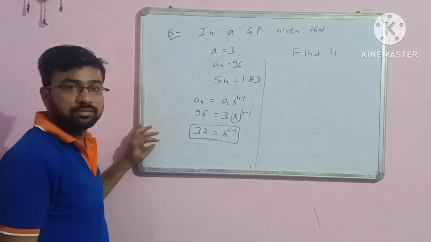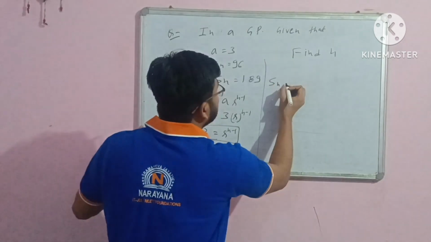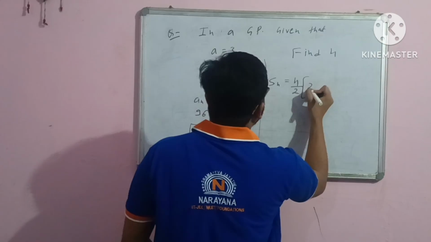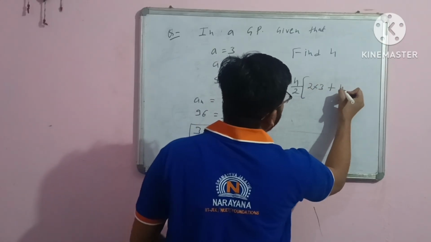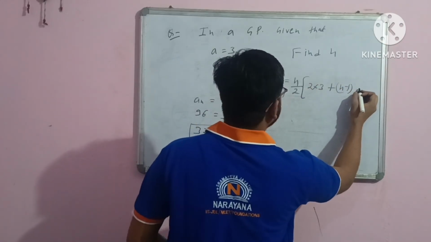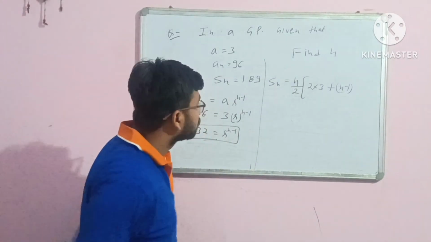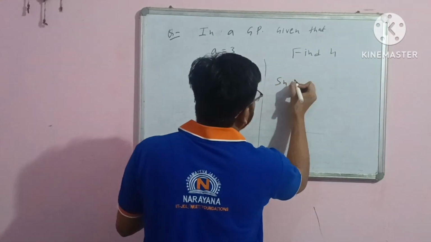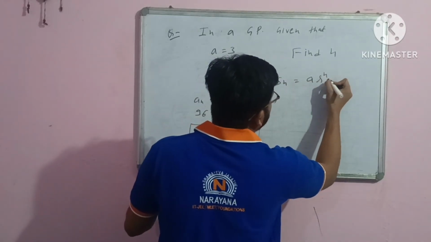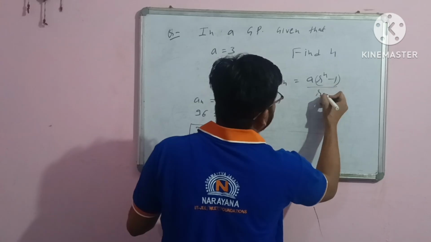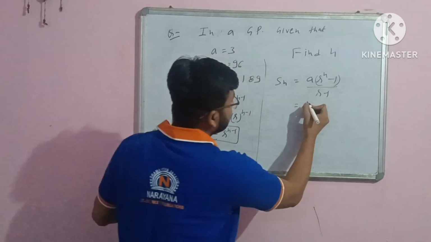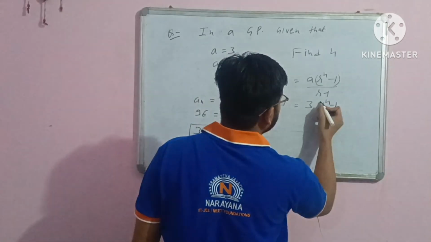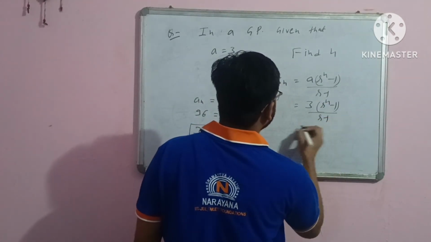Then we will apply the sum formula. What is a here? a is 3, so the sum is 3 times r to the power n minus 1 upon r minus 1.